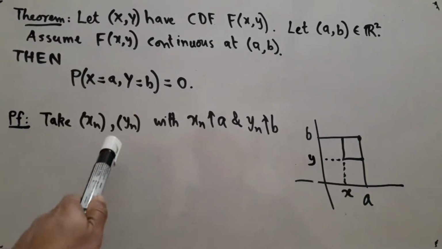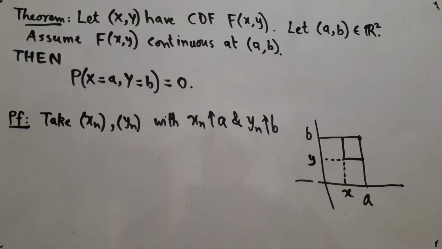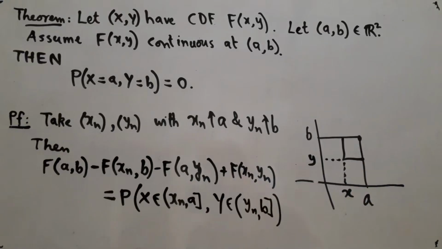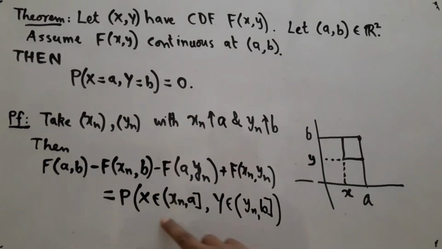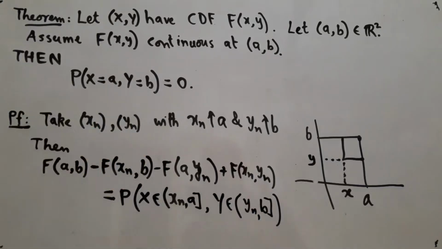Accordingly, we take two sequences, x_n and y_n, x_n going towards a and y_n going towards b. Then we shall employ our familiar trick, that 4-term thing, which will give me the probability of this particular rectangle. Now, as x_n goes to a, y_n goes to b, this event will decrease to that event.